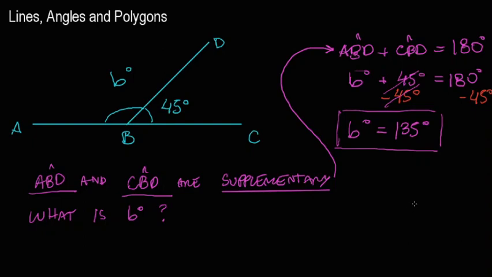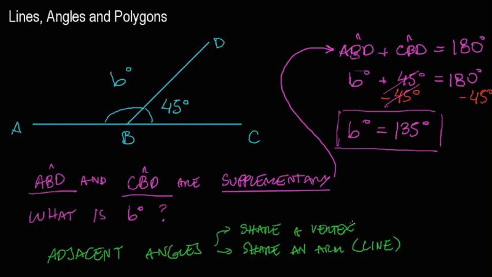Now, I would just like to take this opportunity to introduce another concept, which is adjacent angles. And what are adjacent angles? We mean that they share a vertex, which is those points here, right? Any of those points is a vertex. And they share an arm. So arm here is a line.